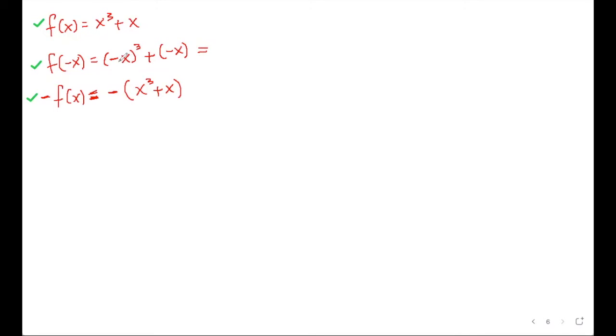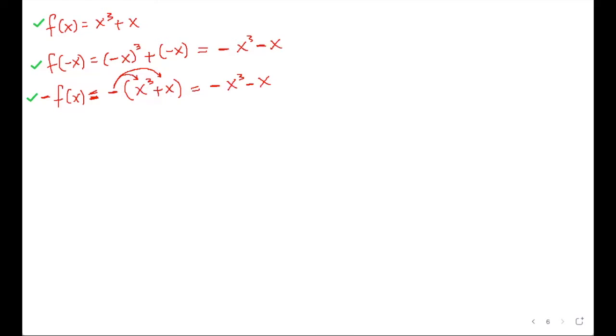For the second one, minus x cubed, because minus times minus times minus gives minus, and plus times minus is minus x. For the third one, we have to distribute the minus inside the parentheses, so this gives me minus x cubed minus x.